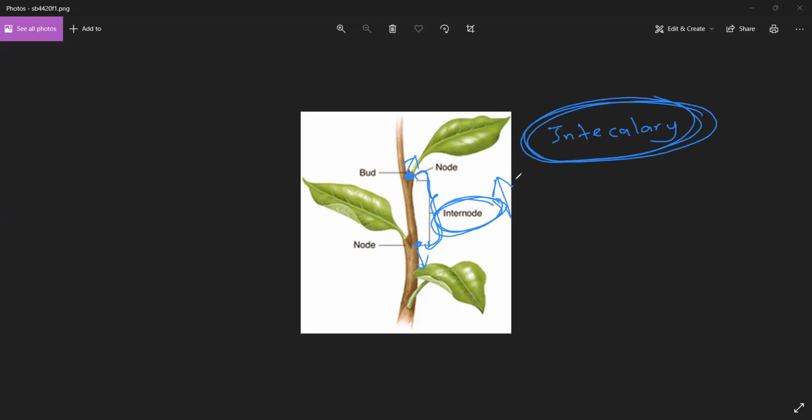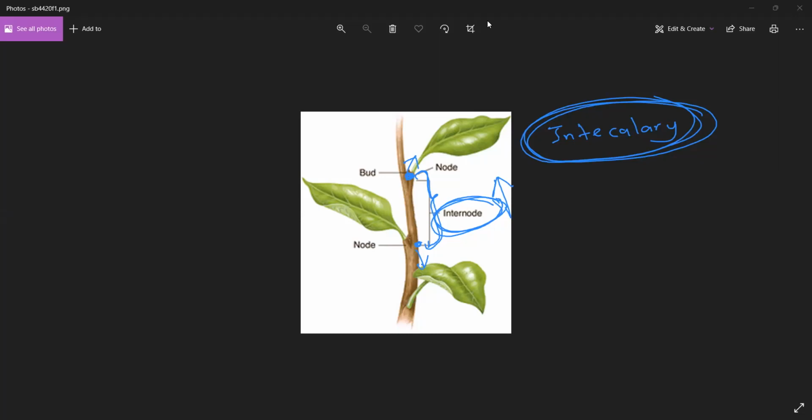So the main function of the intercalary meristem, children, is that the length of the internode will increase. Sorry, internodes will increase in length due to intercalary meristem. So this is the second classification of meristematic tissue. Now we'll move to the third type. Okay, the third type. This is the last type.